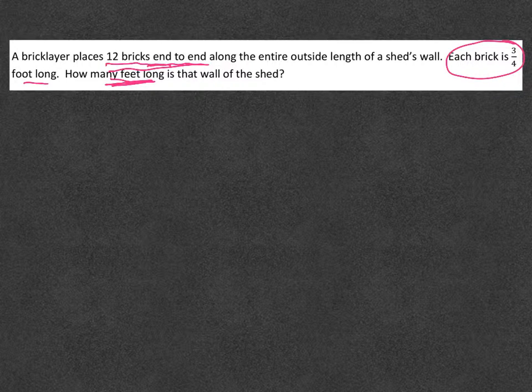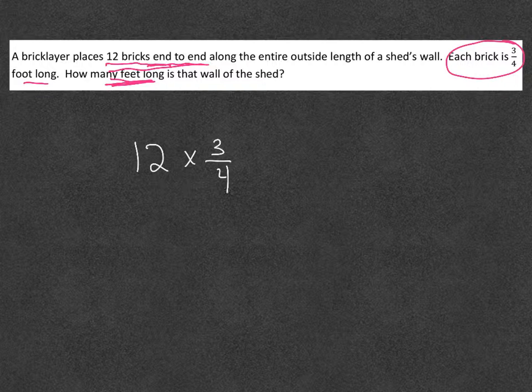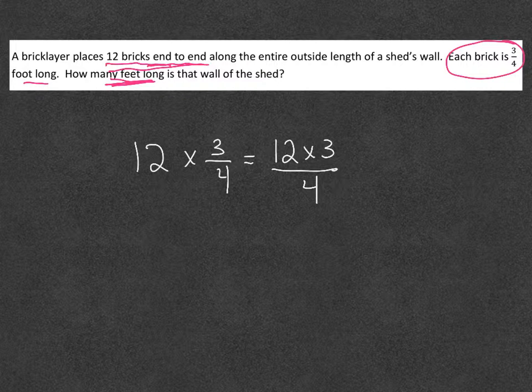All right, so let's try this out. So we've got 12 groups of 3/4. So we've got 12 times 3/4, which is really saying 12 times 3 over 4, which gives us 36/4.